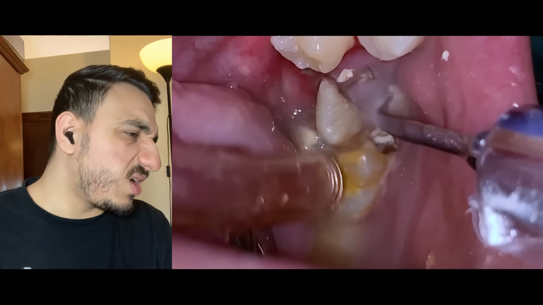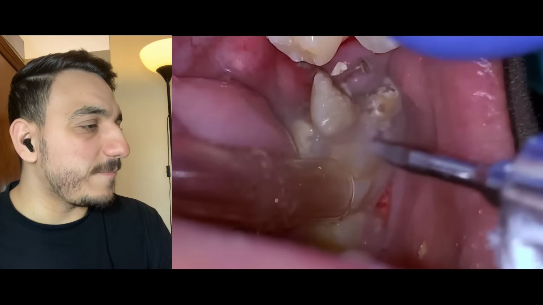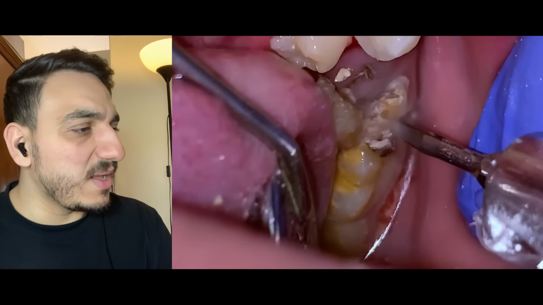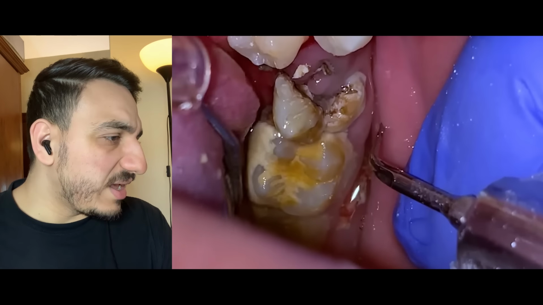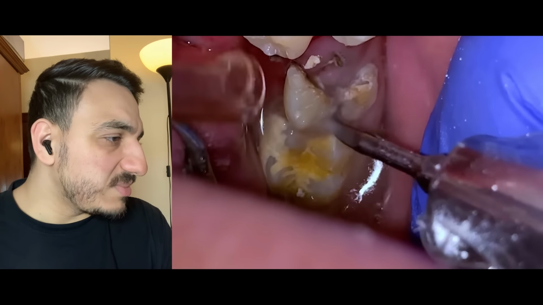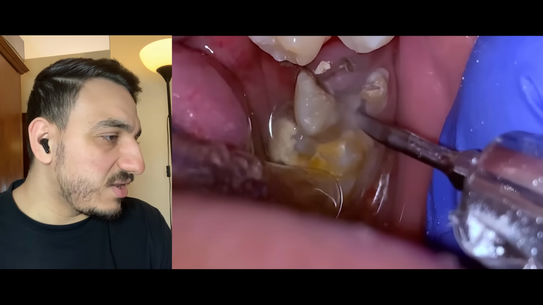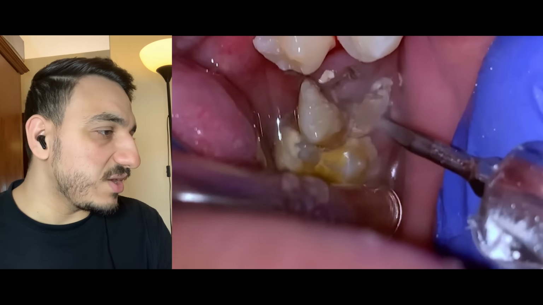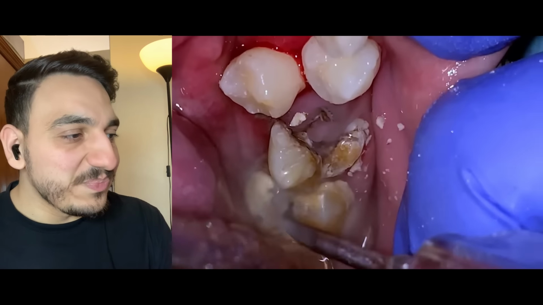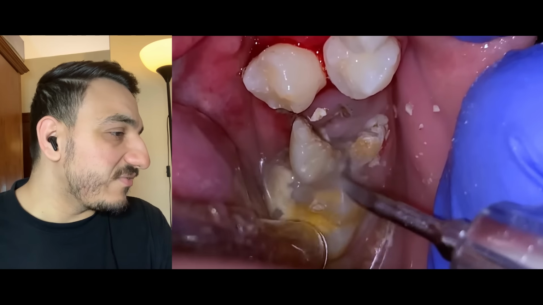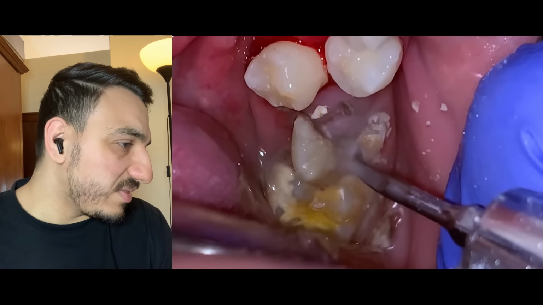Oh, look at that huge piece and how far it's extending down. And sometimes, funnily enough, there are just two huge pieces, and it can be difficult to identify what is underneath them.